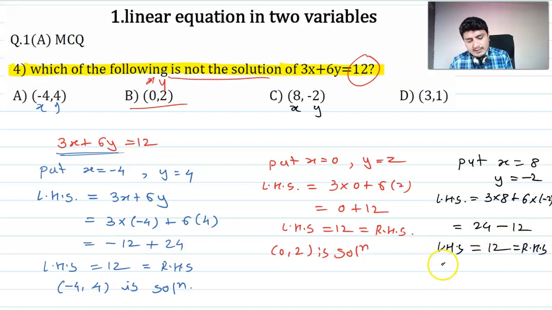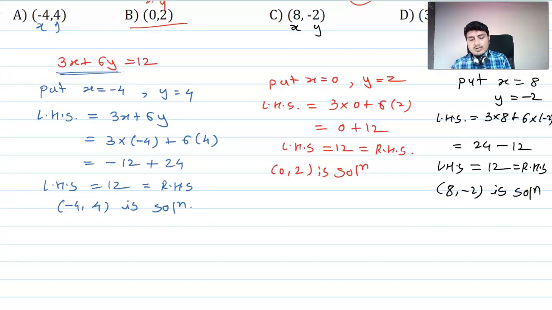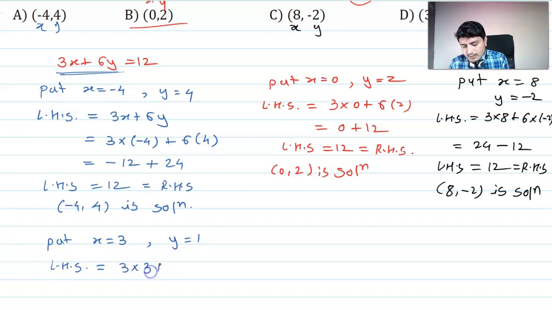So we can say that here 8 comma minus 2 is the solution of the given linear equation in 2 variables. Now let's check the last option, that is 3 comma 1. So let us put x equals to 3 and y equals to 1, so that we are getting LHS of the form 3 into 3 plus 6 into 1. 3 3s are 9, 6 1s are 6, 9 plus 6 is 15, that is not equal to the RHS.